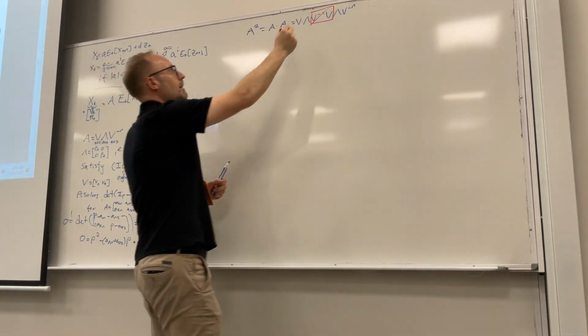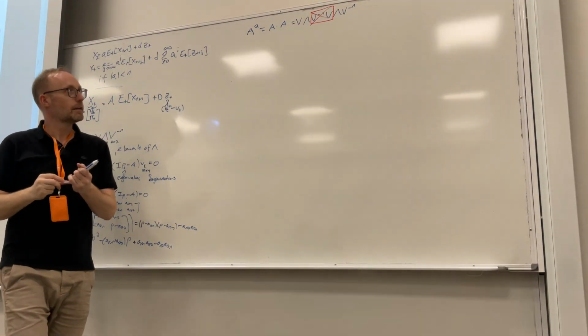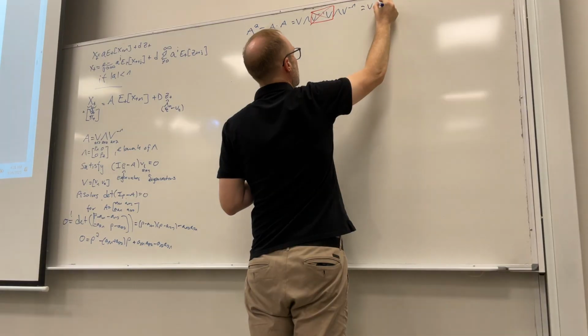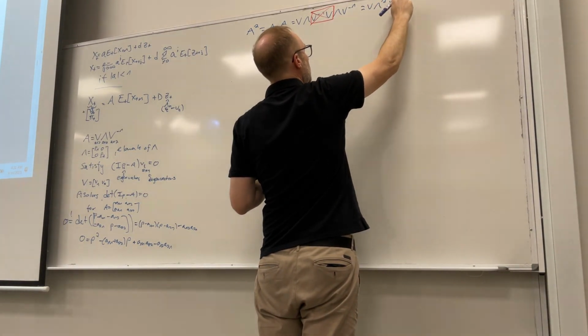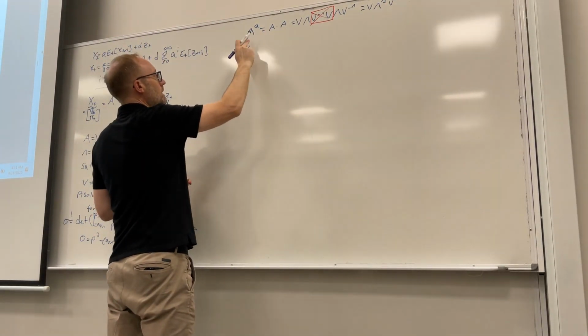And that part drops out. So we're left with V lambda squared V minus 1.